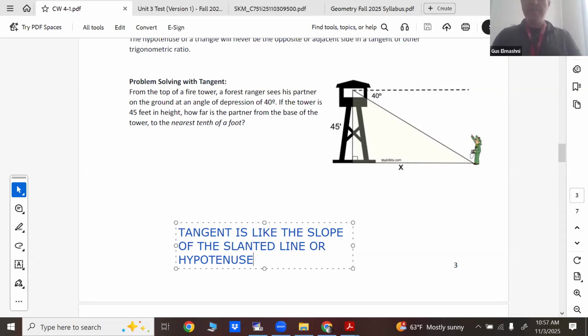We'll say that. That's better. Leaning Tower of Pisa, isn't that side slanted? Right? So that's like your hypotenuse. So that's what tangent's like. It's like the slope of the slanted line or the hypotenuse. Actually, that is what it is. It actually is the slope. 45 over 53, whatever. That is a slope. Yep.